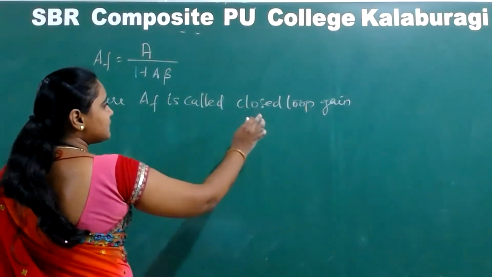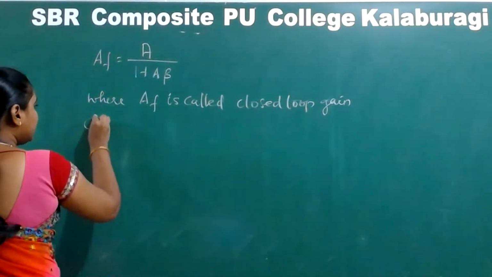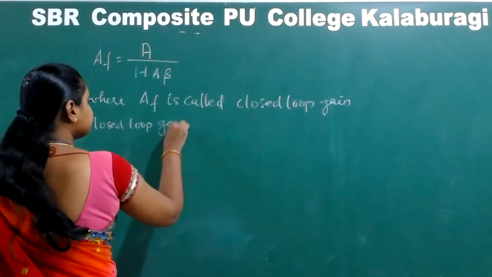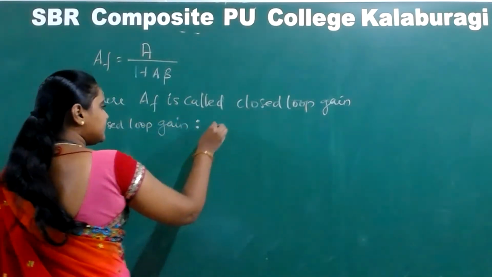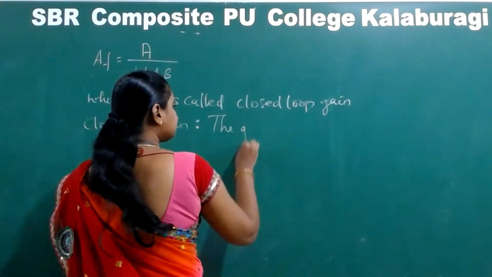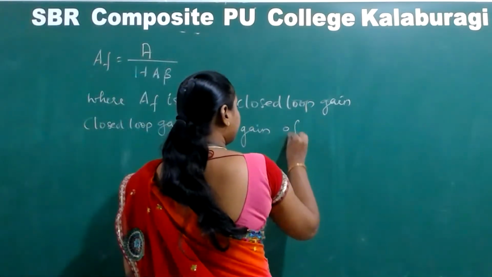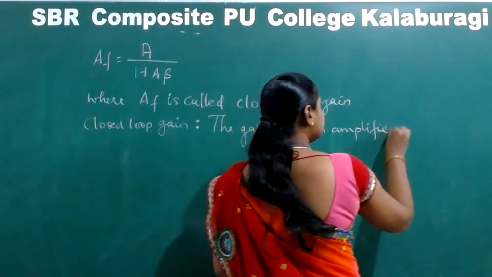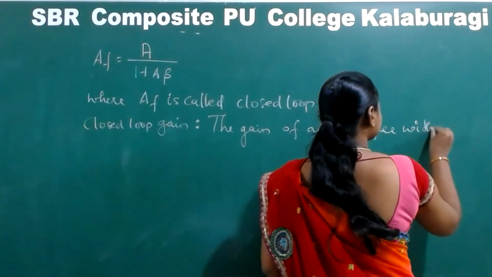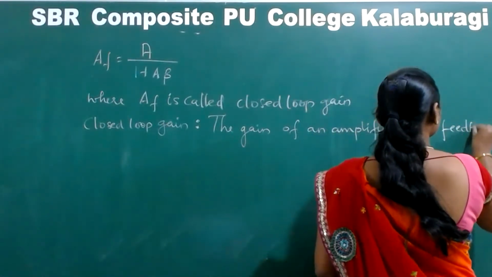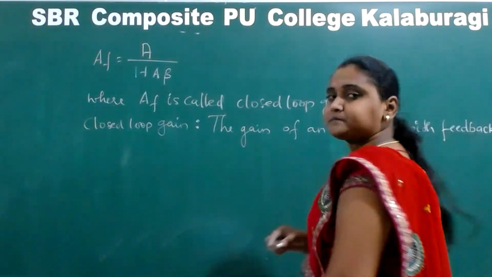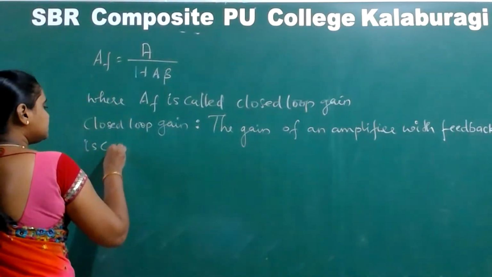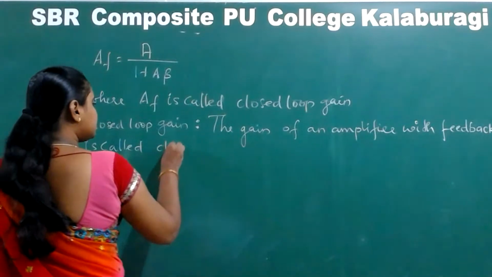Closed loop gain can be defined as the gain of an amplifier with feedback. The gain of an amplifier with feedback is called closed loop gain.